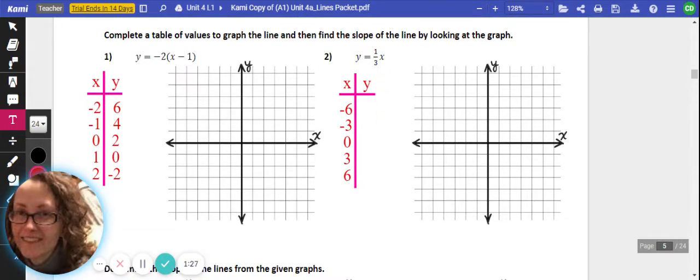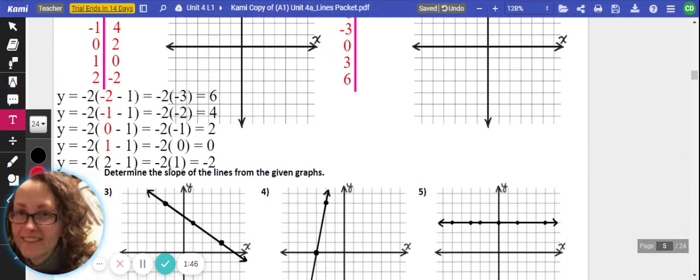So here I want to complete the table of values in order to graph the line and find the slope of the line by looking at the graph. So here I have a table of values. I started with my standard -2, -1, 0, 1, and 2 for my x values.